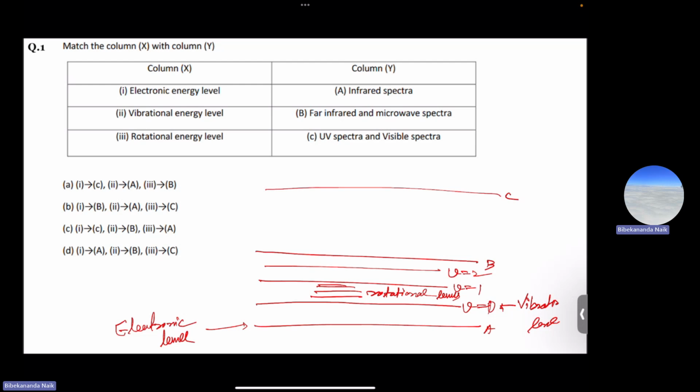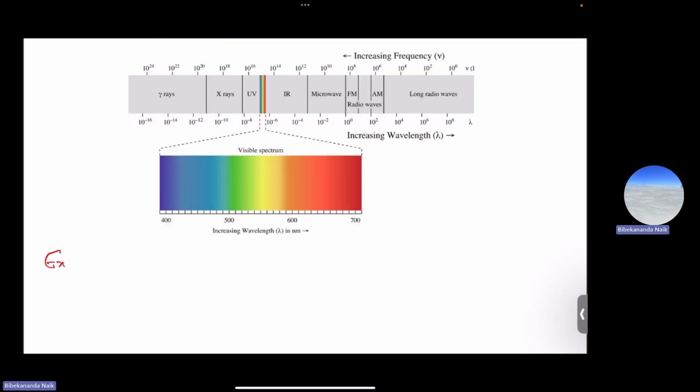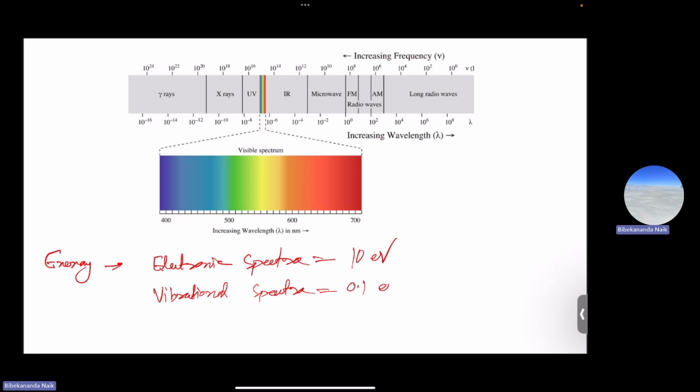Now if we talk about the energies, for electronic spectra the order of energy is 10 electron volt, and for vibrational spectra the order of energy is 0.1 electron volt.